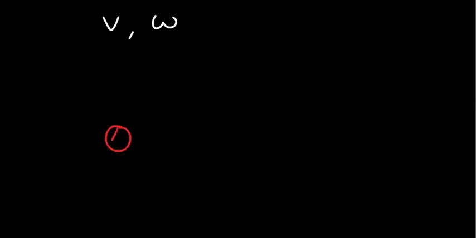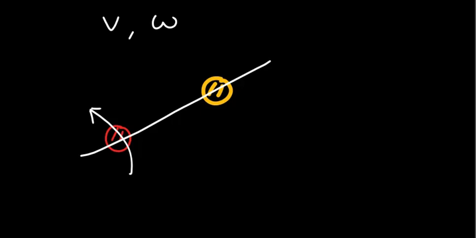If you have a couple of objects that are rotating about the same radial line, say like that, they would have different tangential speed in general. However, because they are sticking to the same radial line, both would have the same omega.